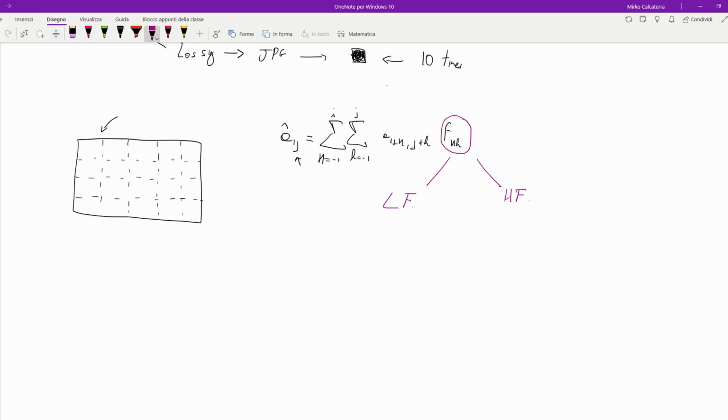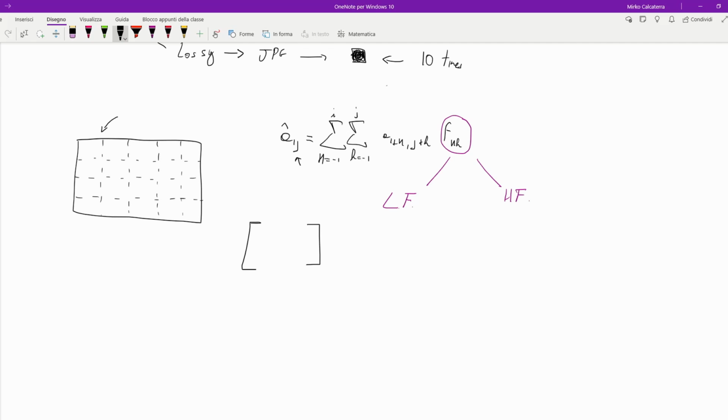For example, among the low frequency filters, there is neighbor averaging, where each pixel in the image is replaced by the average of the pixels of the matrix. Let's consider a square matrix, for example an n by n matrix, so a square image. Each pixel in the image is replaced by the average of the pixels centered in xy.